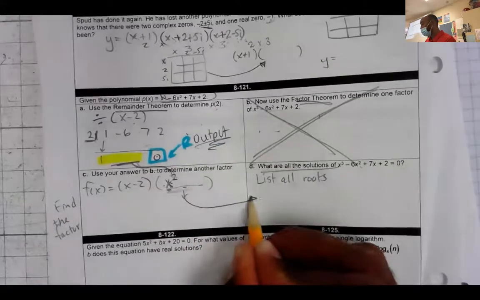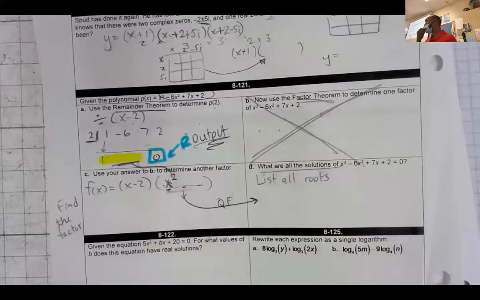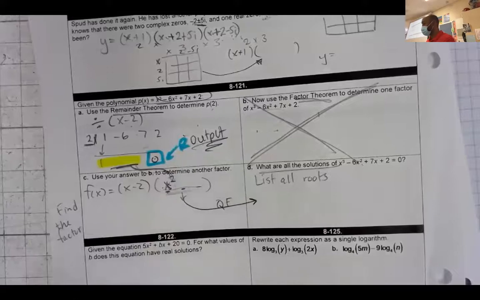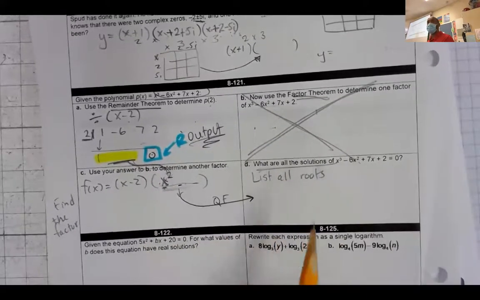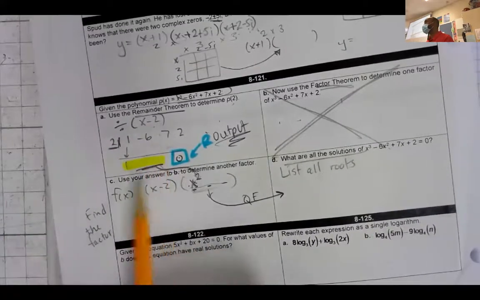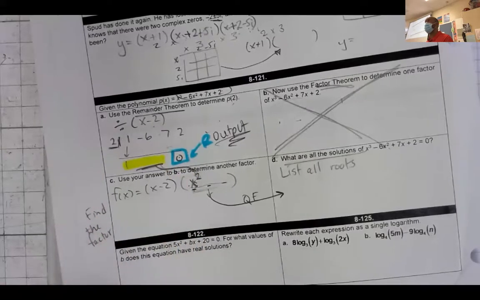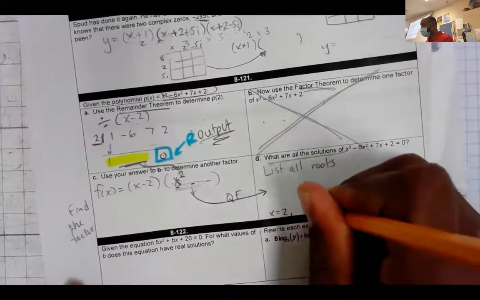So basically, here, I'm going to use the quadratic formula on that factor to figure out the last 2 solutions. So use the quadratic formula in the last step. You already know one solution. What is one solution based on all that you see here? 2. So you already have x equals 2. You've got to find the last 2.